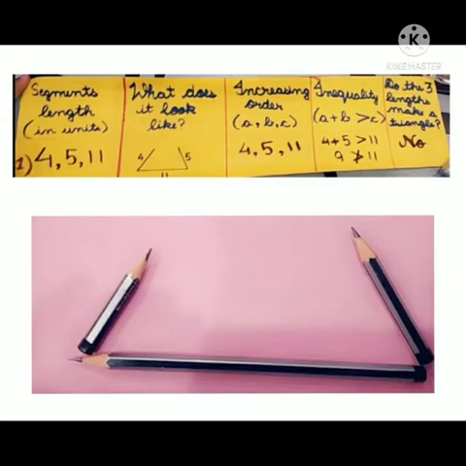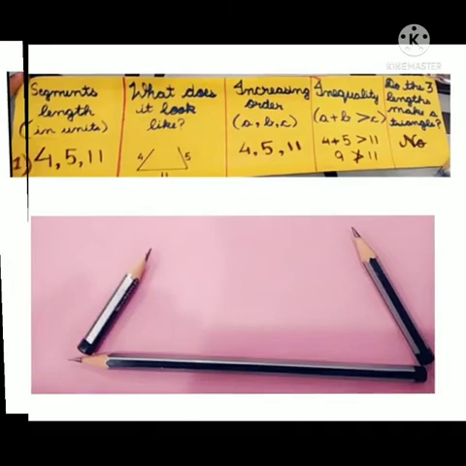And the inequality theorem is 4 plus 5 is greater than 11. Check that. 4 plus 5 is equal to 9, and 9 is not greater than 11. So it does not look like a triangle. These three line segments do not make a triangle.